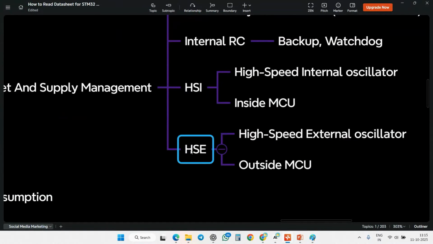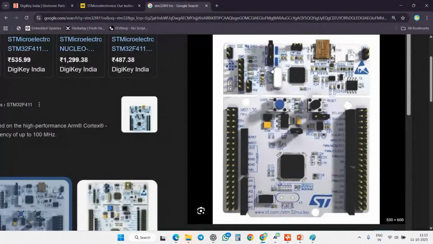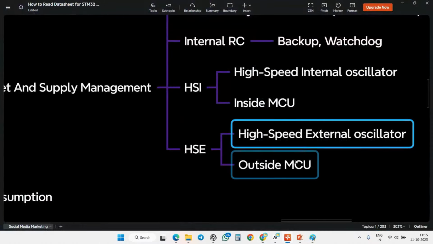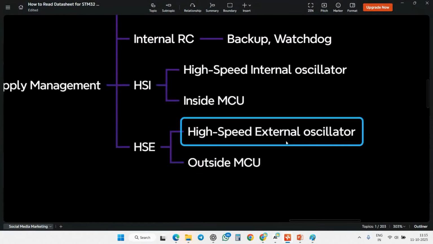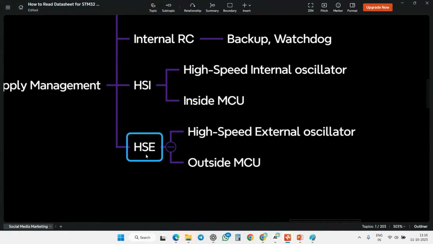HSE means high speed external clock, which can produce 4 to 26 megahertz and is used outside of the microcontroller as a high speed external oscillator. If you are configuring UART, I2C, SPI, these require high speed clocks. That time we can use this HSE.